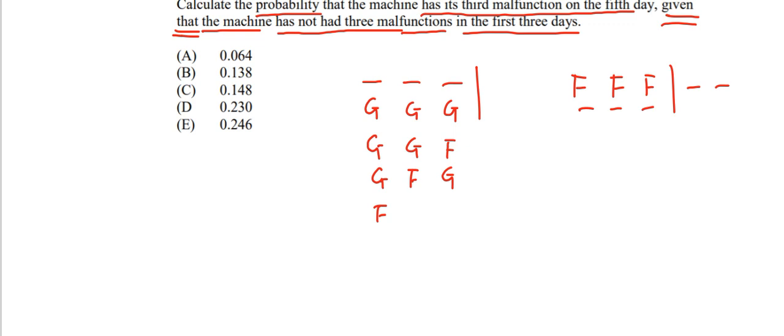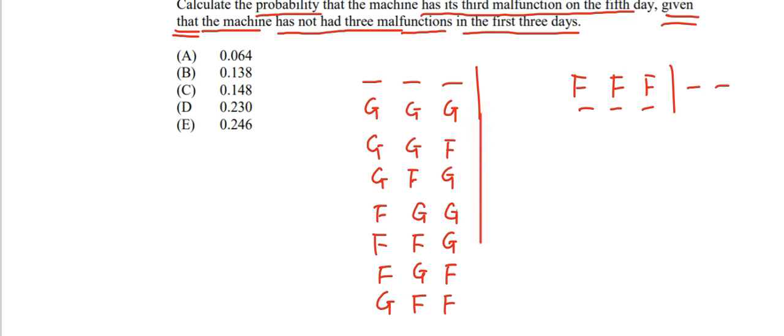Or 2 fail, I'm sorry. So it can be 2 fail, and 2 fail can be this, and 2 fail can be this. So the condition is that we check those 7 cases, 7 ways. So this is the condition.